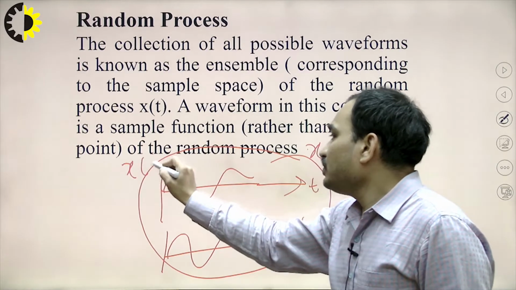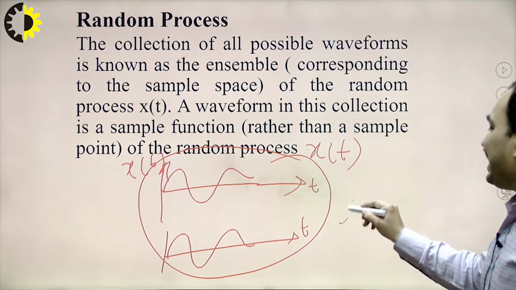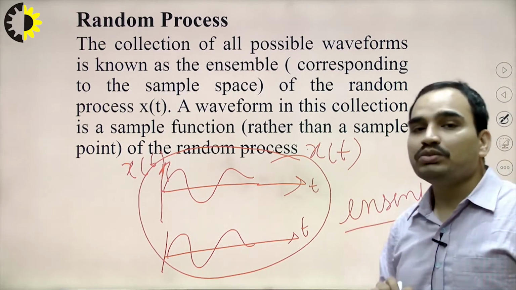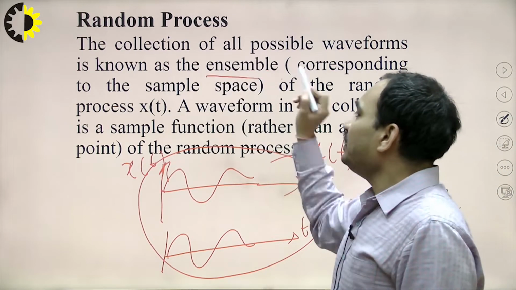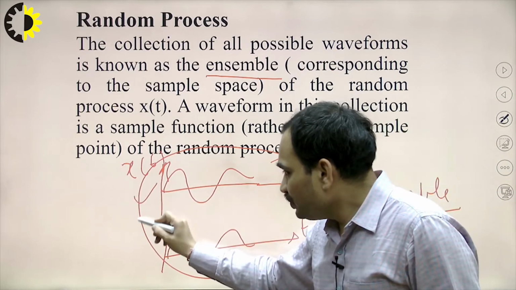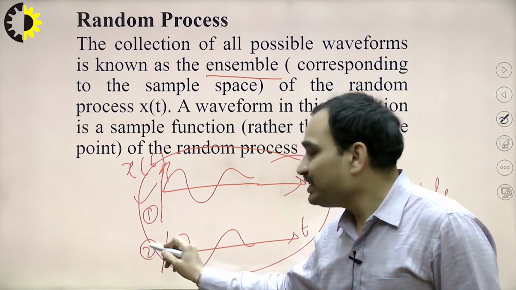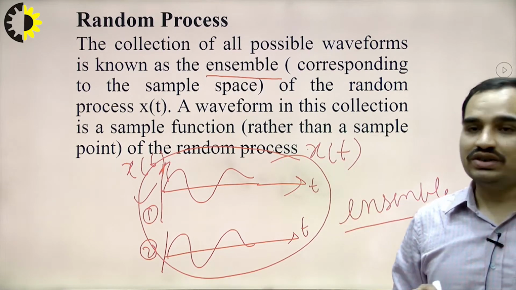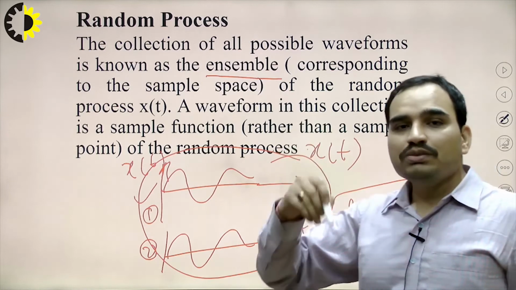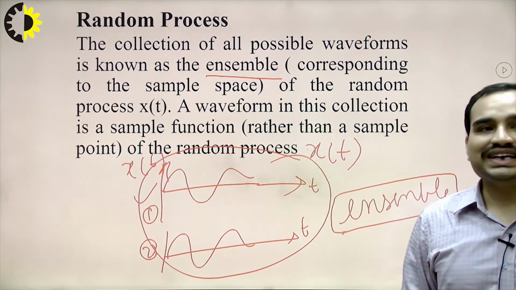So we call the collection an ensemble. The collection of all the possible waveforms of a random process is known as an ensemble, and these waveforms, waveform 1, waveform 2, are known as sample functions. So these keywords are clear: the collection of all the possible sample functions is known as an ensemble.